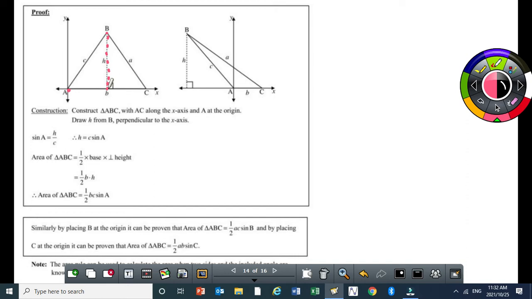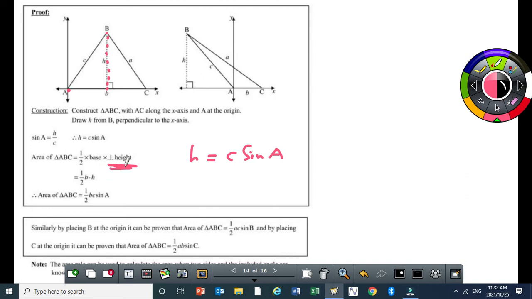Since H is going to be C sine A, if H is not given, all I need is the length of C and the size of angle A. So if I write my formula, half times base times perpendicular height, this perpendicular height is equivalent to C sine A. So you substitute it there.